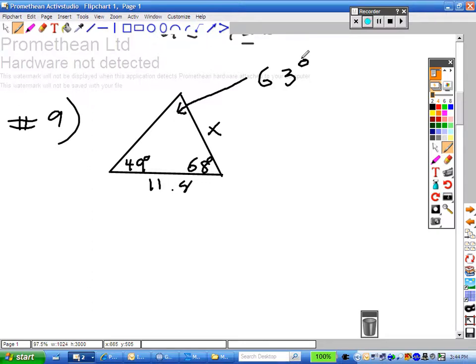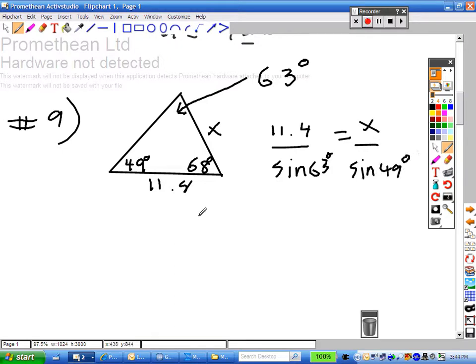Now we can use the law of sines. 11.4 divided by the sine of 63 degrees is equal to x over the sine of 49 degrees. Multiply both sides by the sine of 49 degrees, and x equals about 12.6.